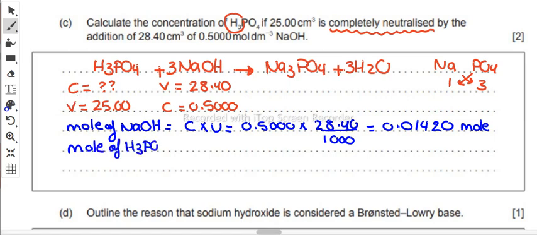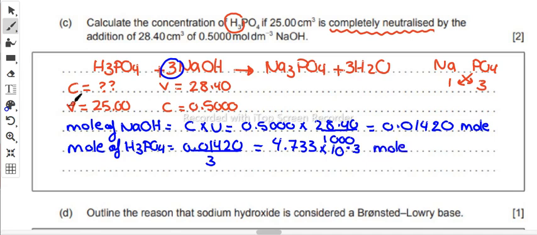Now, according to the mole ratio, we're going to have the mole of H3PO4. Going to the balanced chemical equation, it is divided over 3. So it is 0.01420 divided over 3. And our final answer is 4.733 times 10 to the power of negative 3 mole.